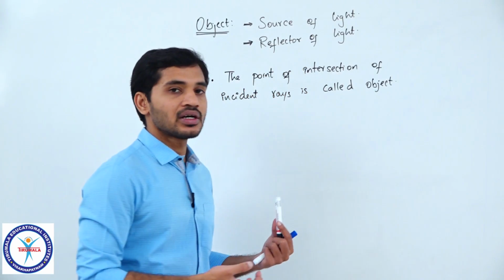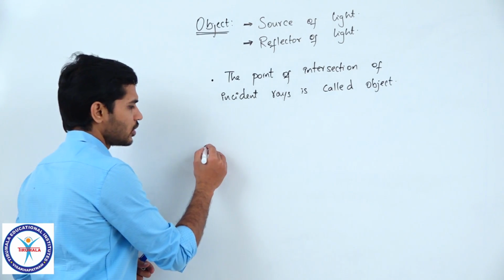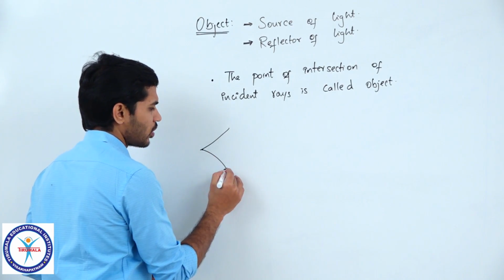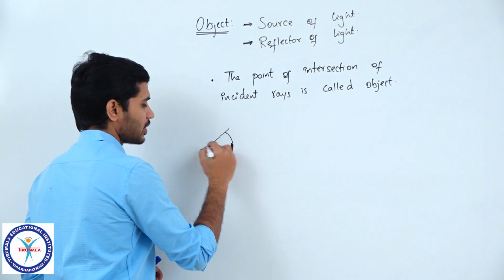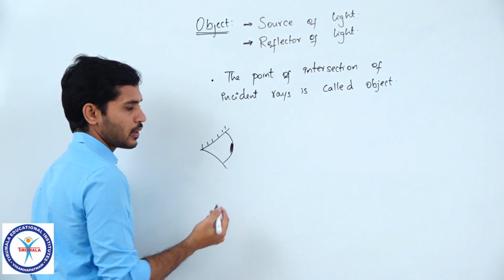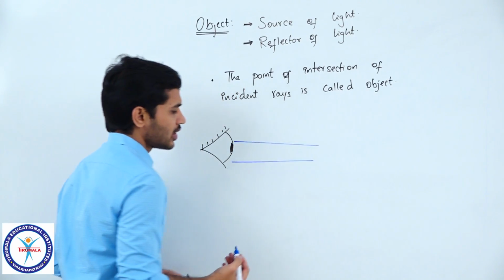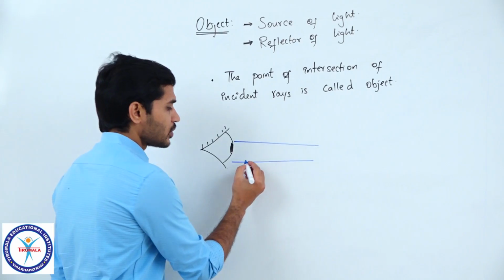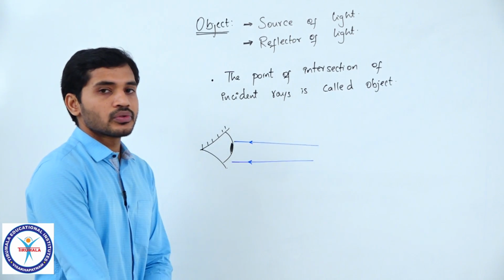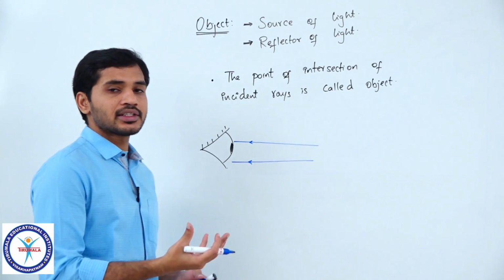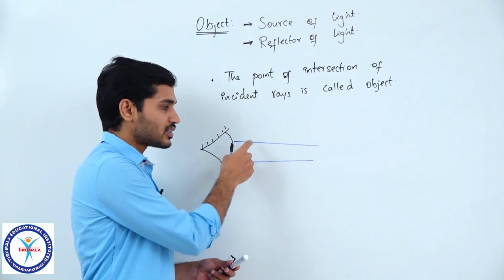That is exactly how even our human eye works. I guess you might have studied briefly about this in your lower classes also. For example, let us say this is the eye. Let us say one light ray is coming like this and the other light ray is coming like this. Now, our eye or any other device only has the ability to understand or analyze what it is receiving.